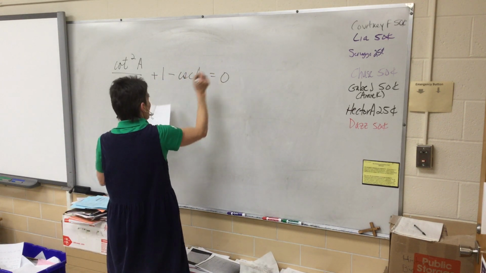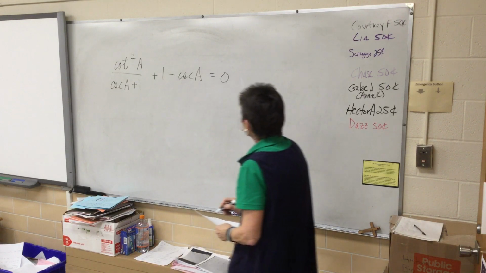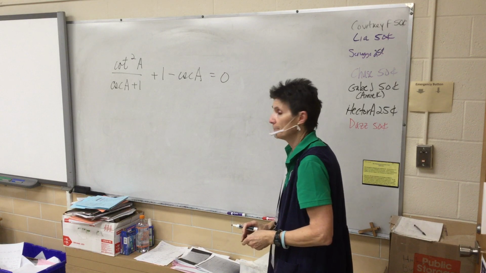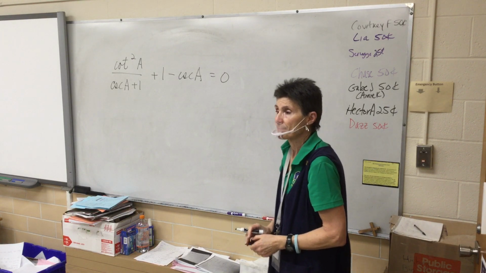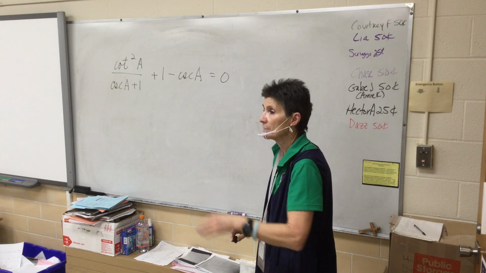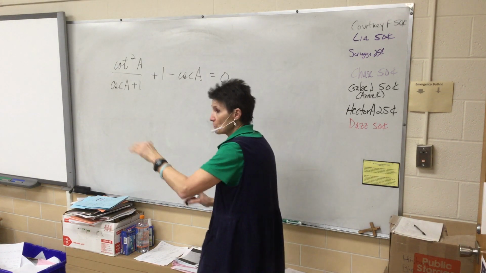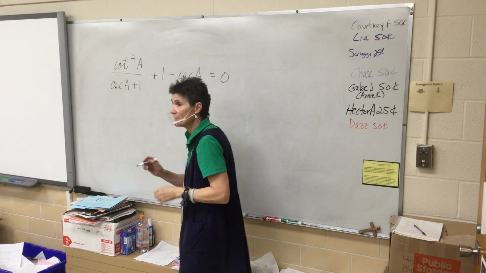Oh my gosh, it's supposed to all cancel out and give you 0. All right, well, let's see. What occurs to you? Exactly, squared, make sure they're squared. But Grace hit it on the head.